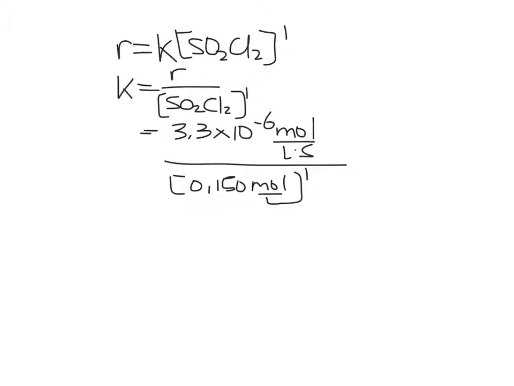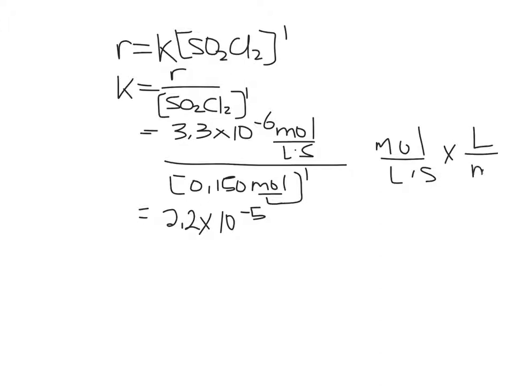And when we solve for this, we end up with a numerical value of 2.2 times 10 to the negative 5, but our units are really important. If we have mole per liter per second divided by moles per liter, that's the same thing as multiplying by the inverse, so liters over mole.